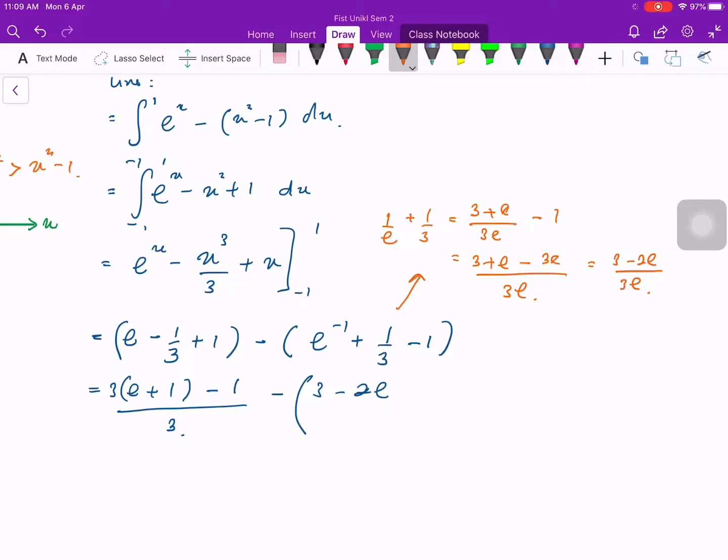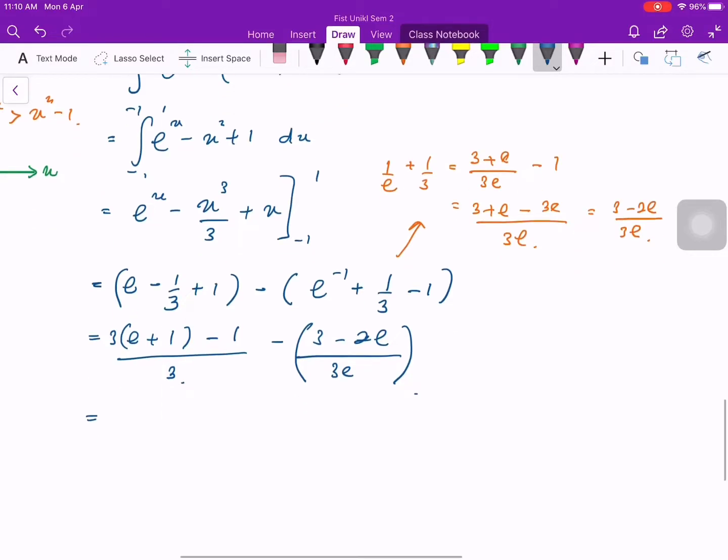Then we have 3 plus e minus 3e, then we got minus 2e. So here we're supposed to have it over 3e as well. Then now we start to solve for the subtraction operations.